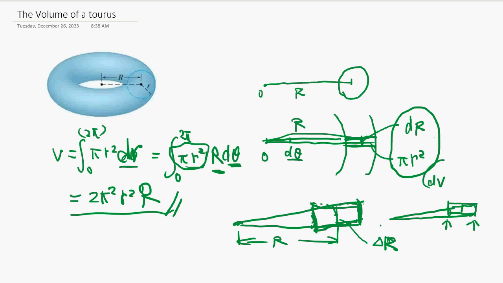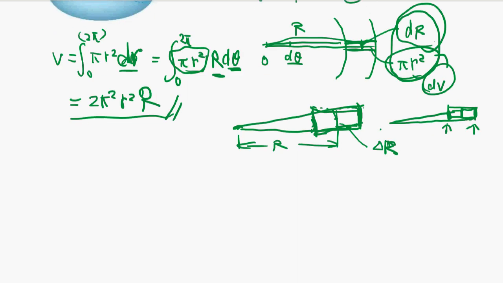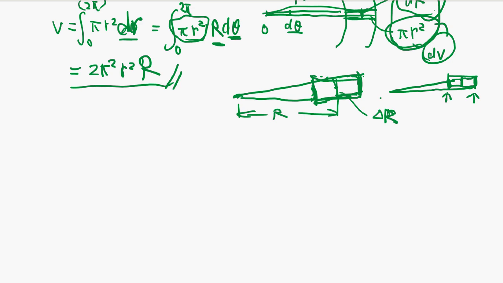Otherwise, you cannot claim dv is area times the width. Why do you take this width? You can take this width, or you can take this width. Why do you take the one in the middle? We need a little bit more convincing argument here to say this integral is correct.